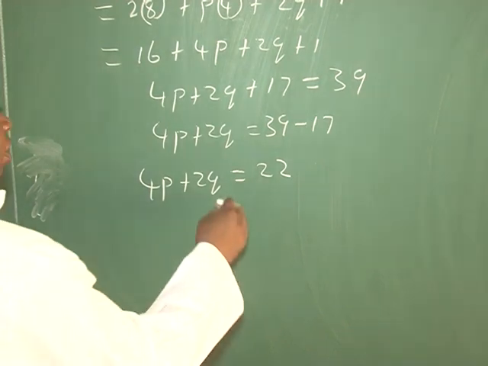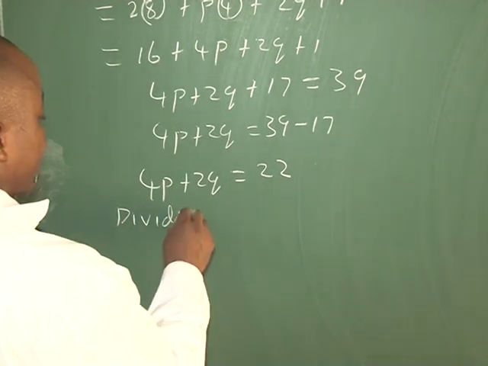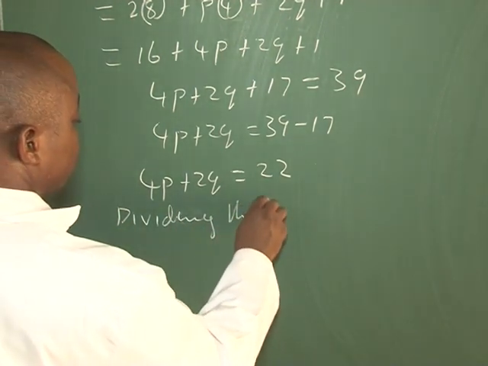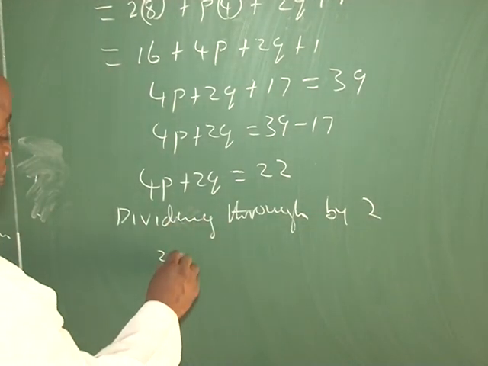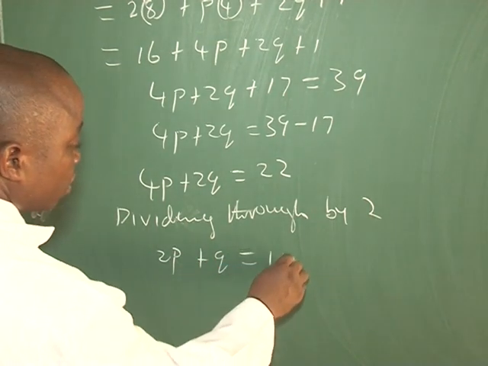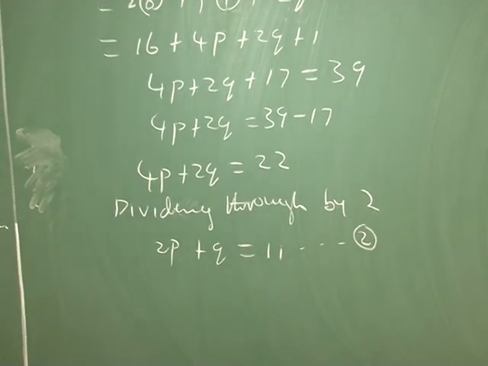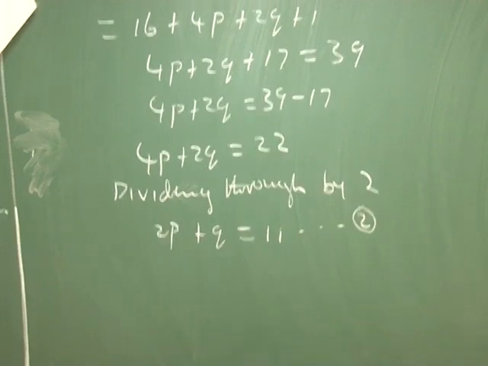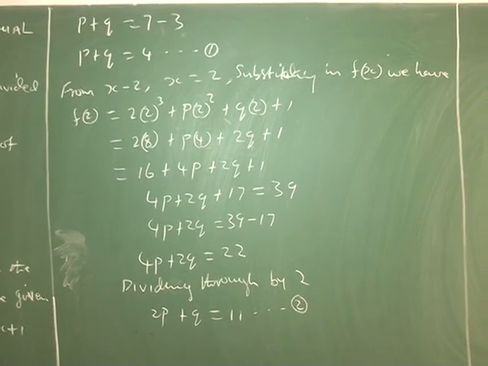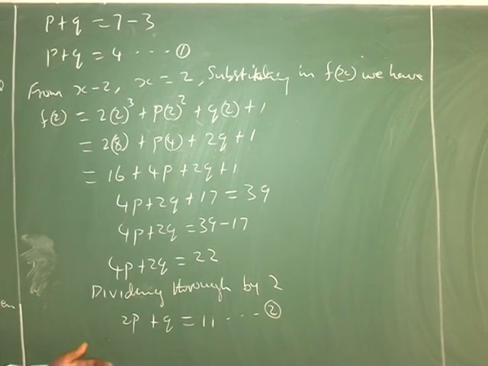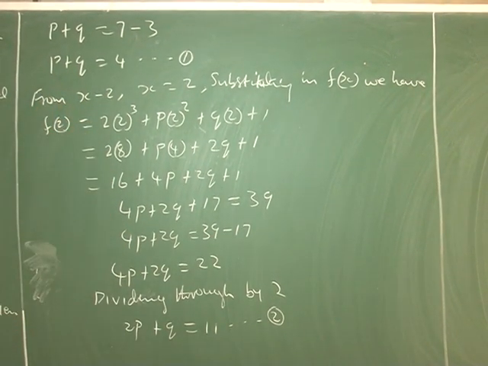Okay. So, I can divide so that the value will be easy, will be lesser. Dividing through by 2, we'll have 2p plus q equal 11. Call this equation 2. Now we are going to solve equations 1 and 2 simultaneously. By elimination method, we know that we can remove q and solve for p.